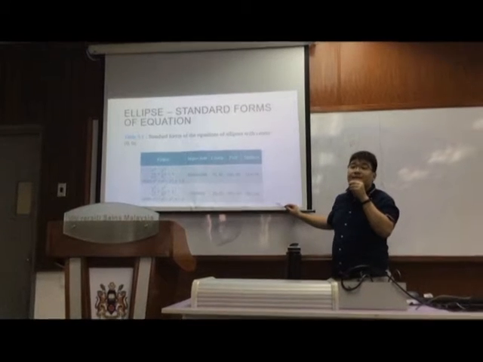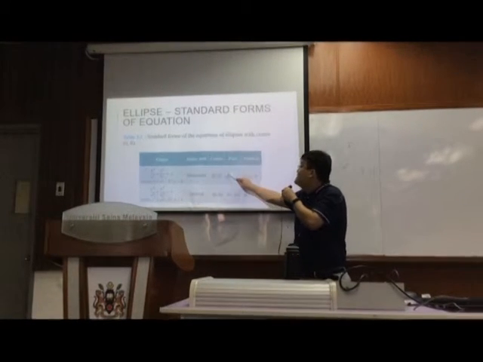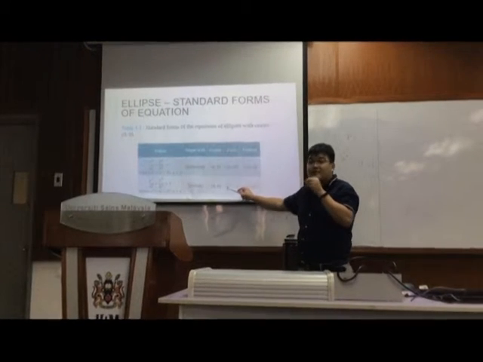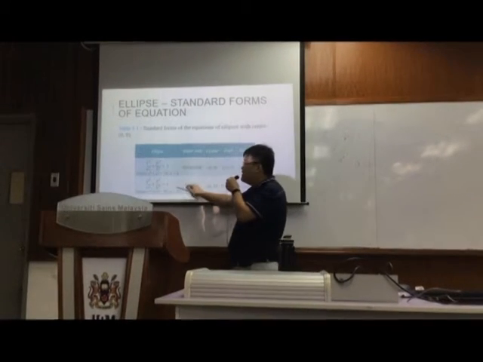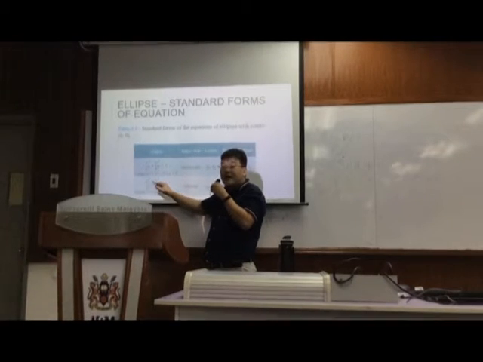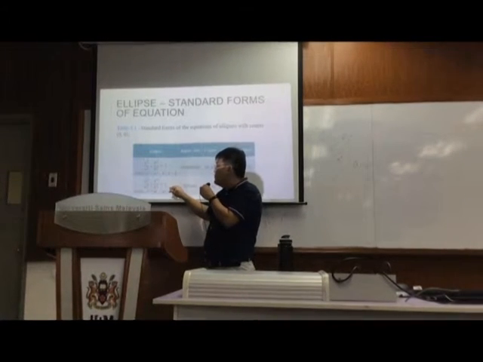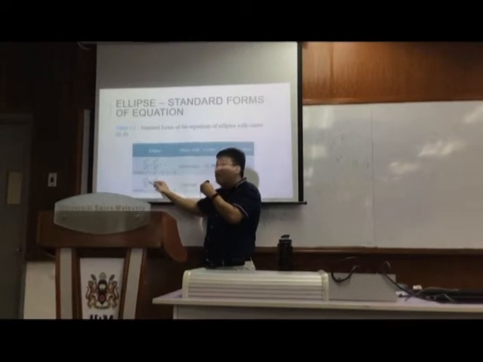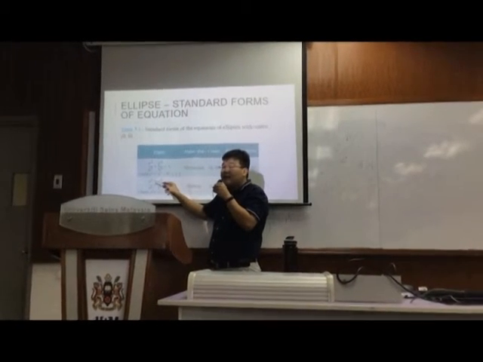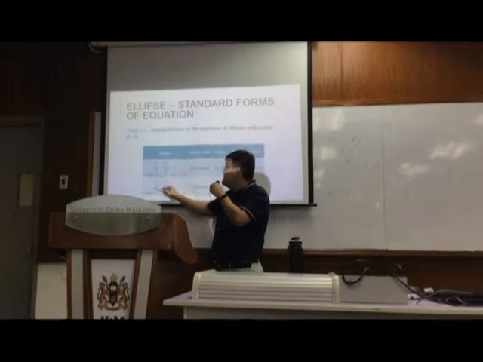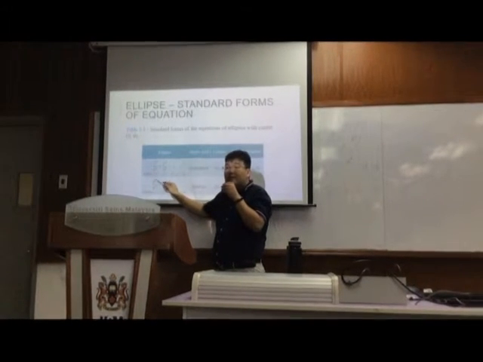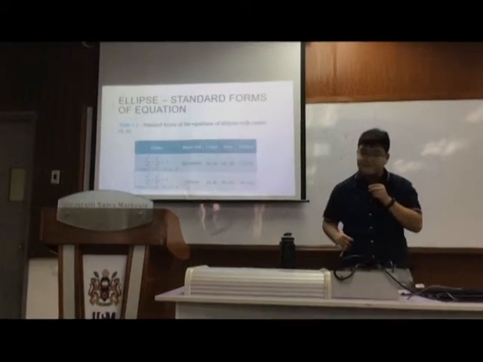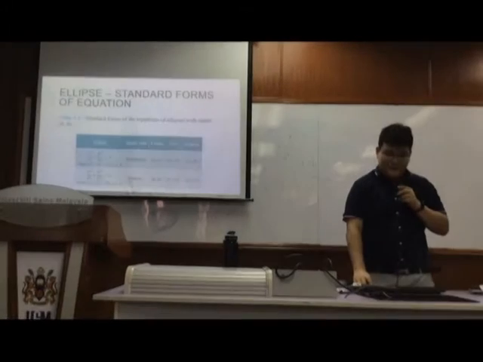The same thing for a vertical major axis, just that these points will have the y coordinate and the x coordinate becomes 0. Then the equation is y squared over a squared plus x squared over b squared equals 1. So the bigger number under x or y will determine the position of the major axis. So do I answer your question? Yes. Okay, very well.